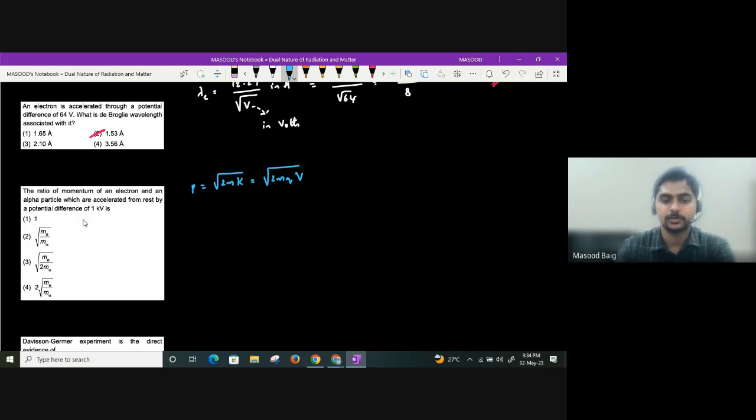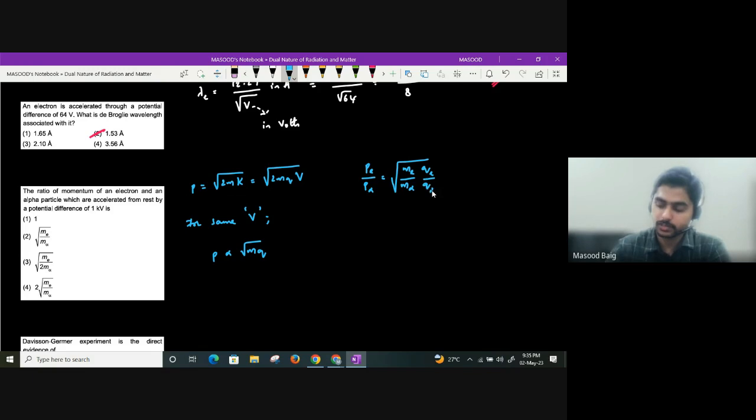Potential difference is the same again. So for the same potential difference, what will momentum depend on? Momentum will be proportional to root of m into q. They're asking us momentum of electron to momentum of alpha particle, which will be root over mass of electron divided by mass of alpha particle, charge of electron divided by charge of alpha particle. Clear, all of you?